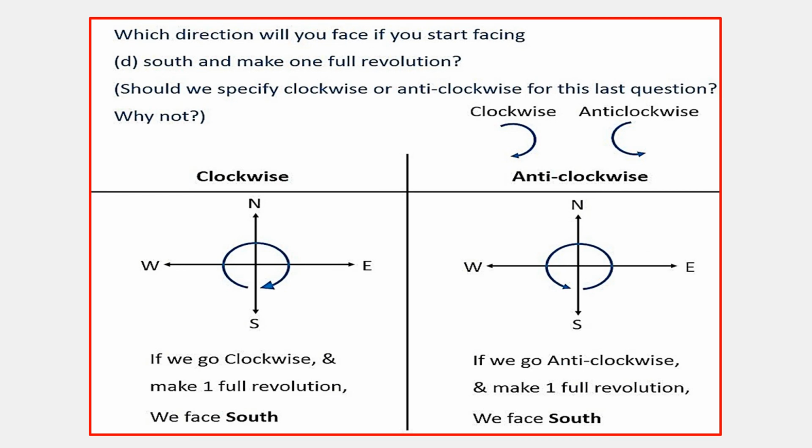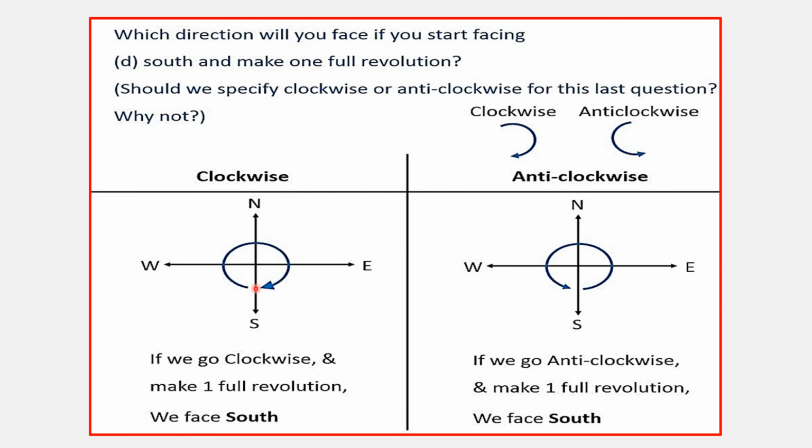Which direction will you face if you start facing south and make one full revolution? So you are facing south and making one full revolution. Let us see by a figure. Now see here, this is the direction south, this is north, south, east and west. So you are facing towards the south. Now you are taking one full revolution clockwise.